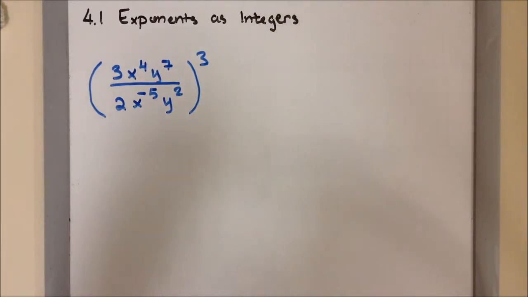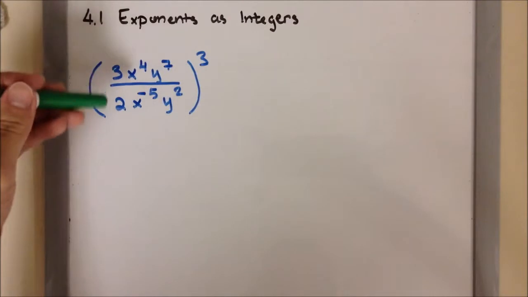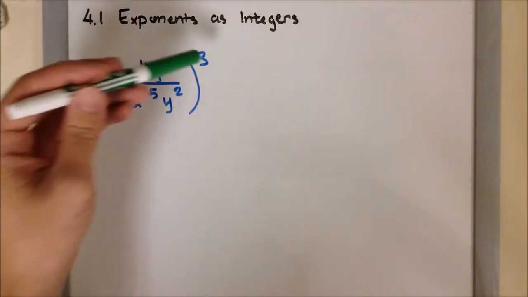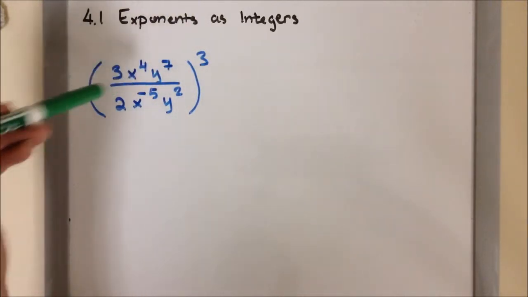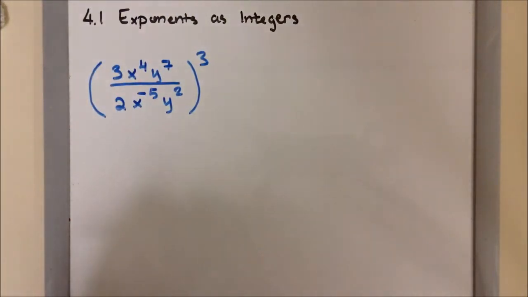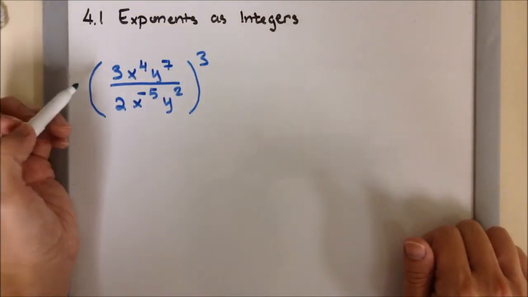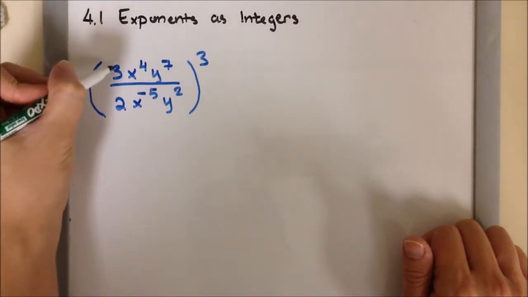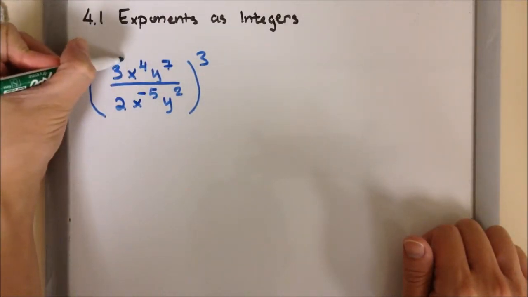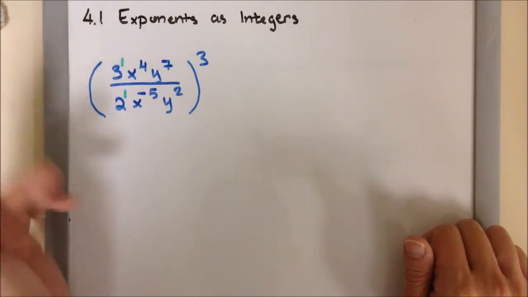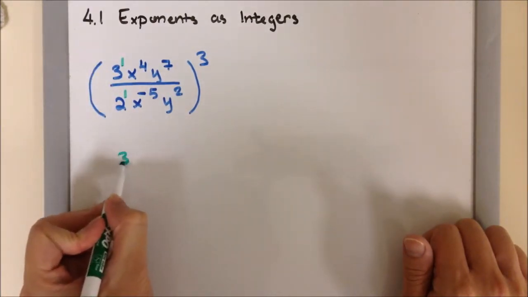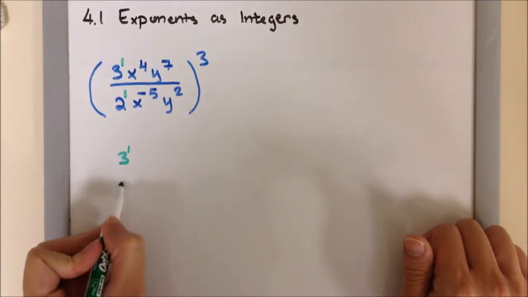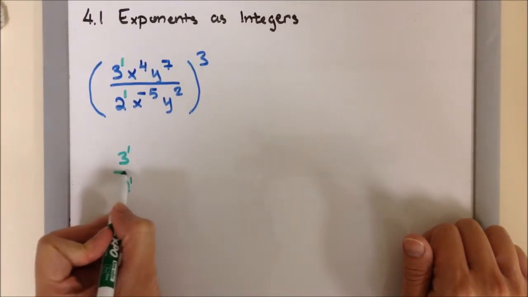It always makes the work easier if you simplify the inside before you multiply your 3 to all the exponents. So my number bases, again, there's nothing on them except for that invisible 1. So when you see a number by itself, it's an invisible 1. There's nothing you can do, so they stay where they are. So 3 in the numerator and 2 in the denominator.